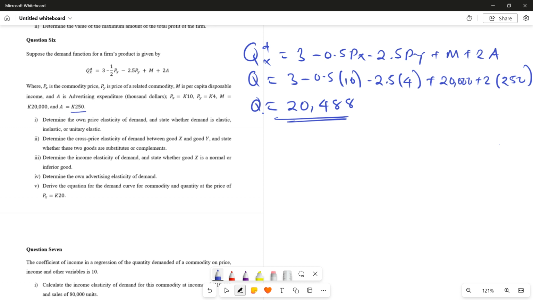So it is after getting the value of Q that you apply the formula. Price elasticity is easy. We differentiate our demand function with respect to Px, then multiply by the price of good X over the quantity of good X. So this is the full formula.